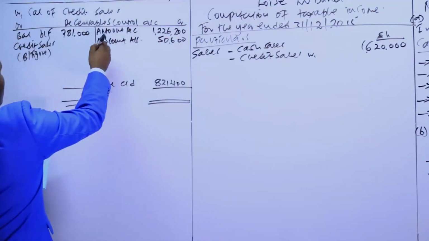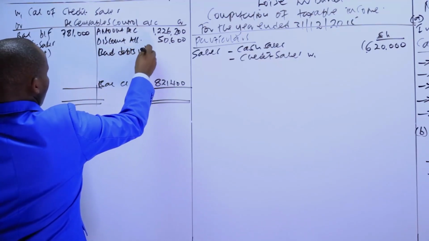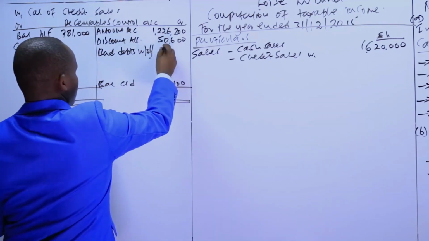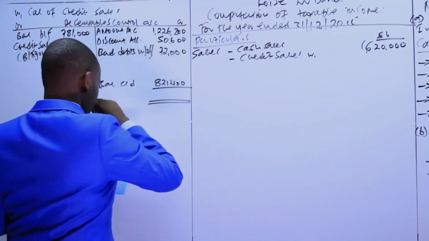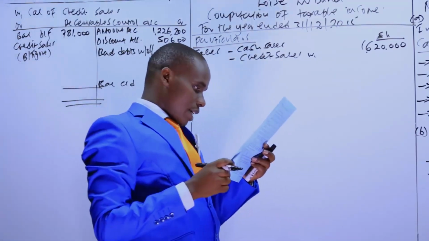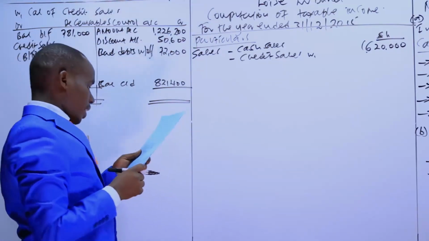Bad debts written off reduce the debtors: 72,000. Those are the only items that affect the account.